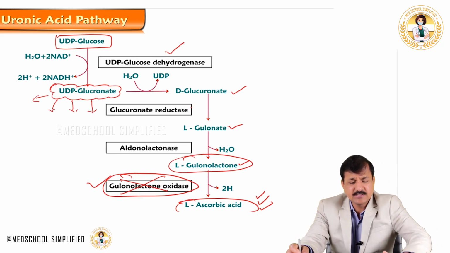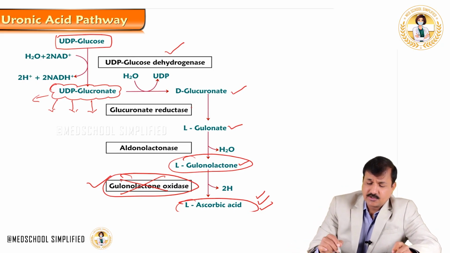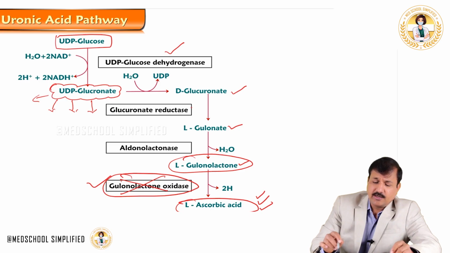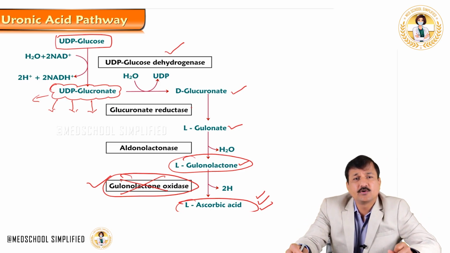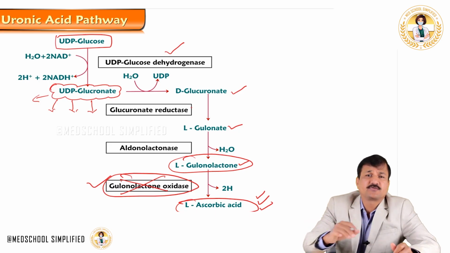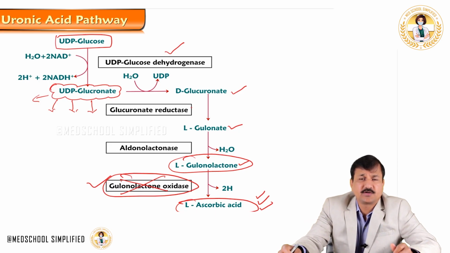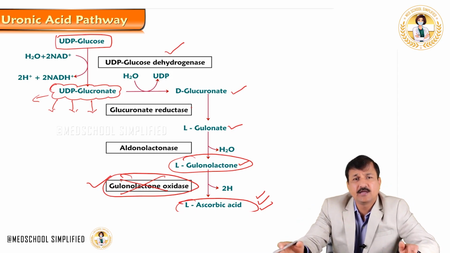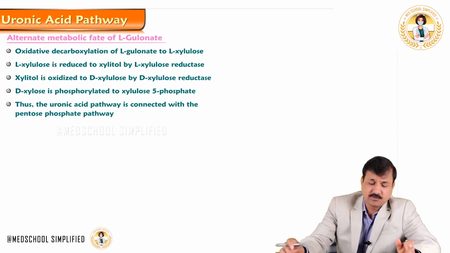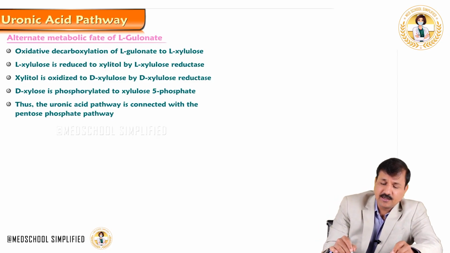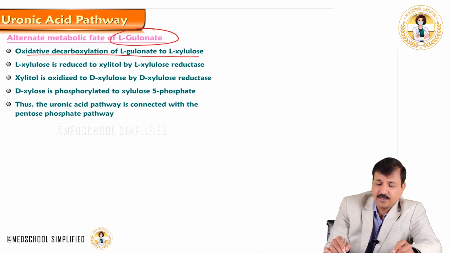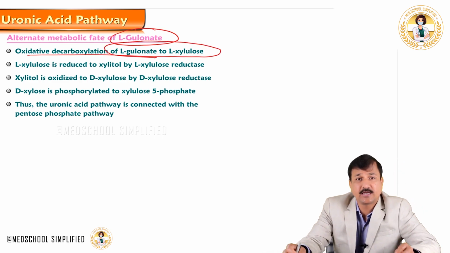So what happens in humans? L-gulonate will basically be converted into xylulose 5-phosphate, and xylulose 5-phosphate enters into the pentose phosphate pathway and goes into fructose 6-phosphate and then into pyruvate for energy purpose. So that's what happens. The alternate fate of L-gulonate, as I was saying: oxidative decarboxylation of L-gulonate occurs into L-xylulose.